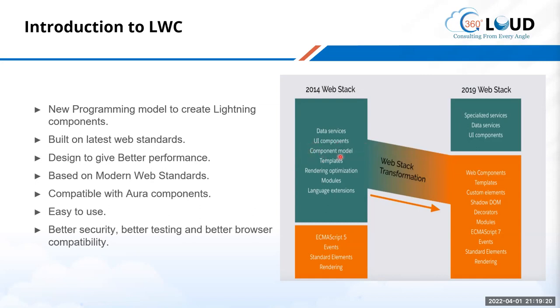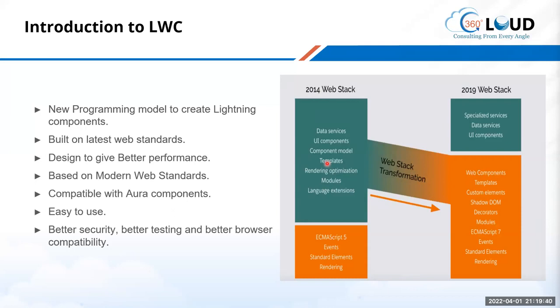We had to use a component model, and create a template in our component, Aura component or React.js, anything. It had a lack of rendering optimizations, and also certain other things were missing.